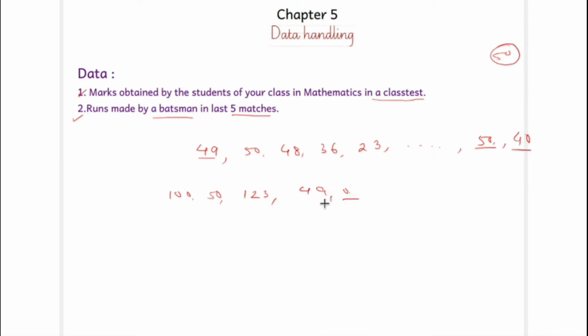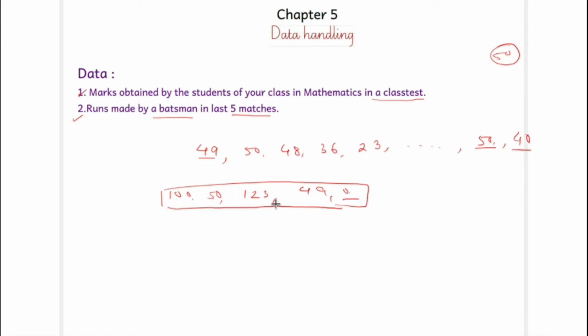These are the variations of the runs made by him. These are also called raw data or collection of data. Sometimes this data is represented graphically to give a clear idea of what is happening.